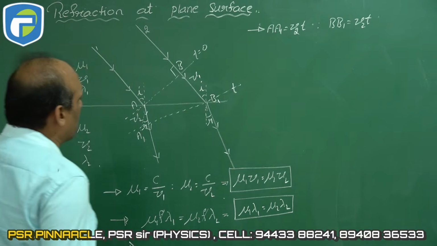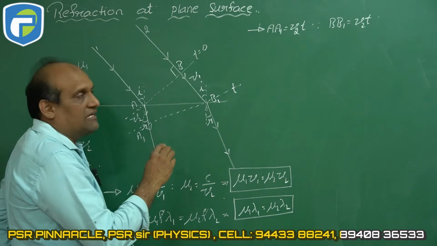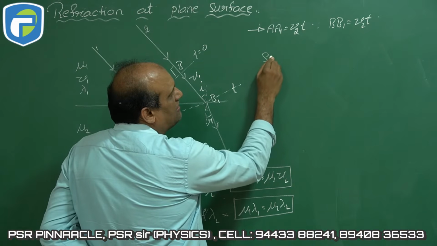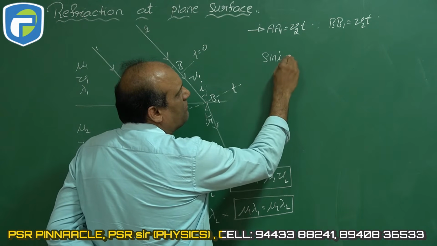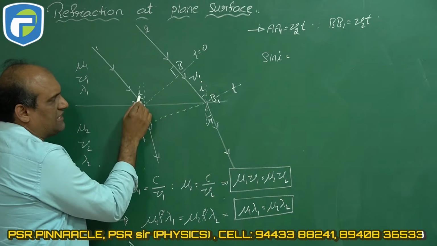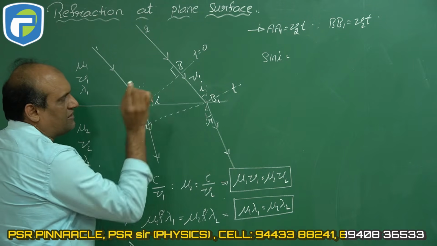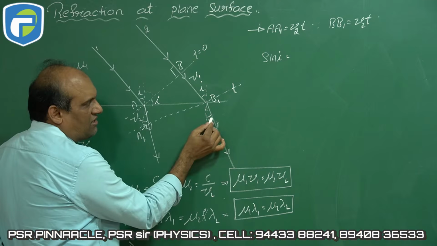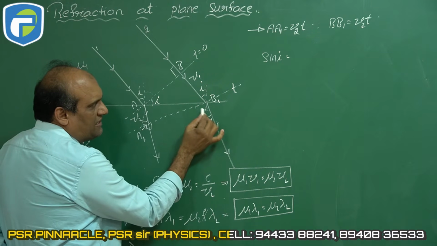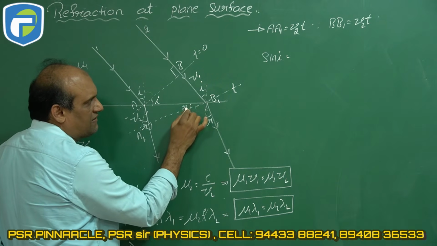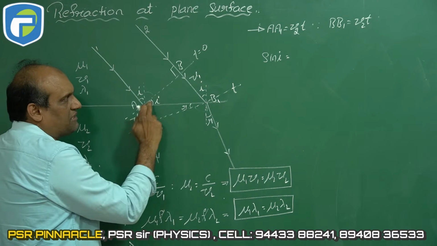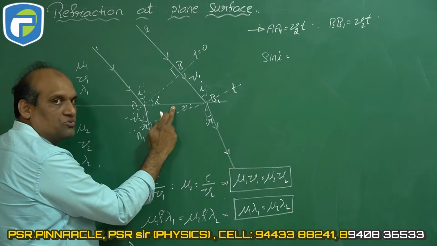So therefore, I am going to see here sin I. You see, here is I, so the complementary angle is 90 minus I, and here is I. In a similar way, here R, the complementary angle 90 minus R, and here R. So sin I is nothing but opposite by hypotenuse.